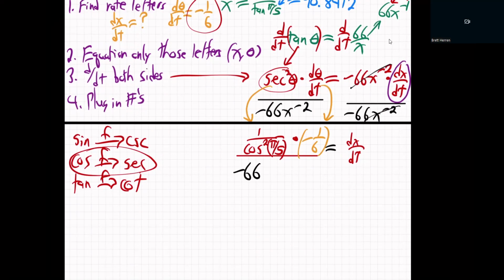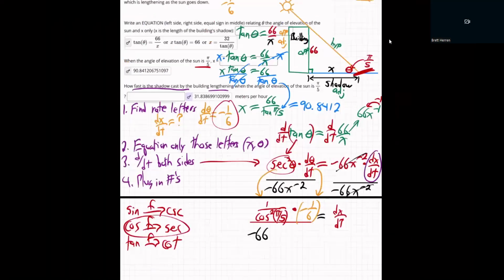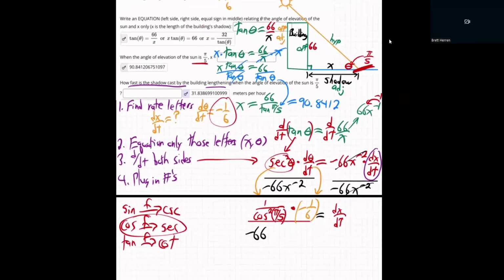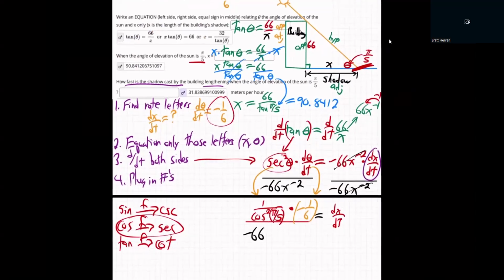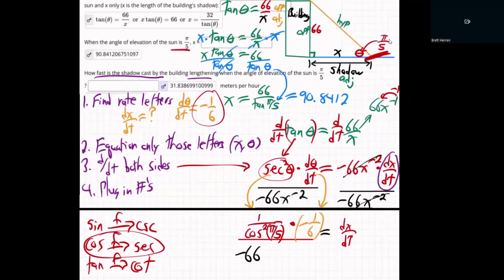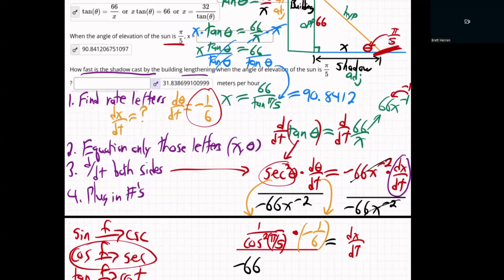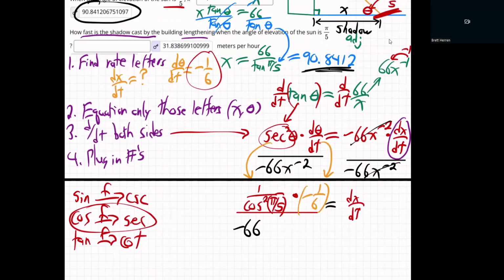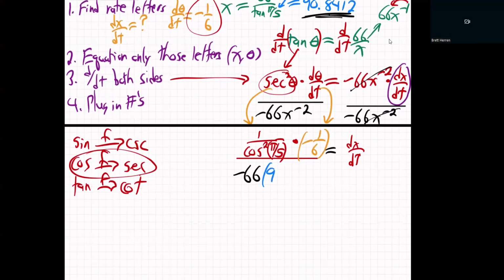And now what is x? We got to get x. How do we get x? Well, that's a little tricky. To get x, oh, we got x right here. We got x back in this step, didn't we? Right there. 90.8412. But don't forget, that's to the negative 2 power, right?